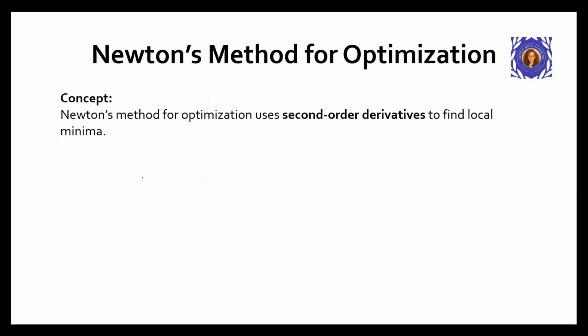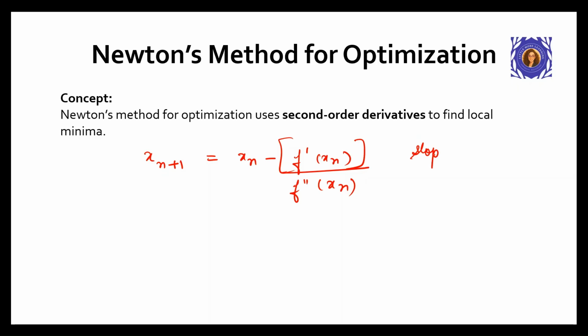So the formula for Newton's method for optimization is x_{n+1} equals x_n minus f'(x_n) divided by f''(x_n), where f'(x_n) is the first derivative, that is our slope, and the denominator f''(x_n) is the second derivative, or we can say it is the curvature.